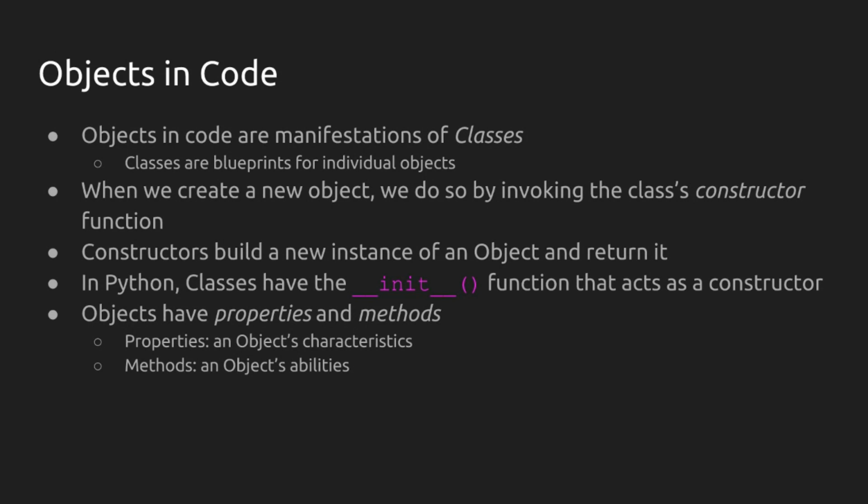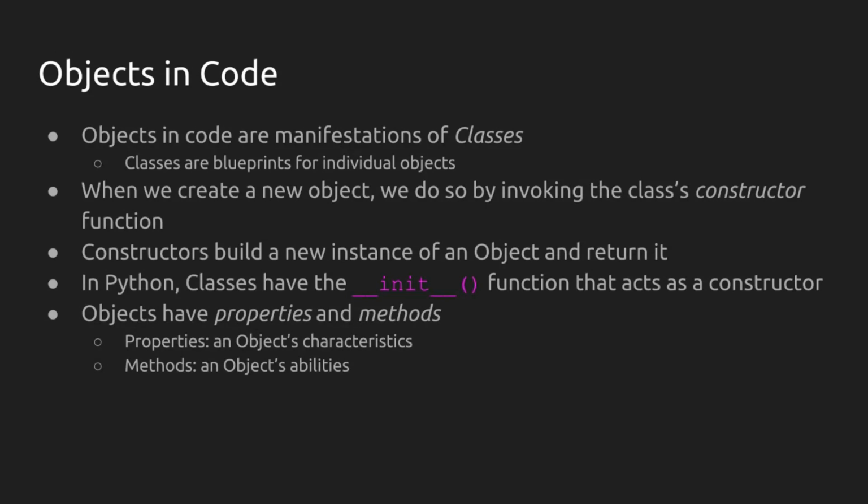So for example, any given chair that you have in your surroundings, in your classroom or in your office or at home, that chair would be an instance of the chair class, right? It has some basic attributes the same as other chairs that you would find. So we create the class for an object first, and then when we need a new instance of that object, we call that class and create that new individual object.